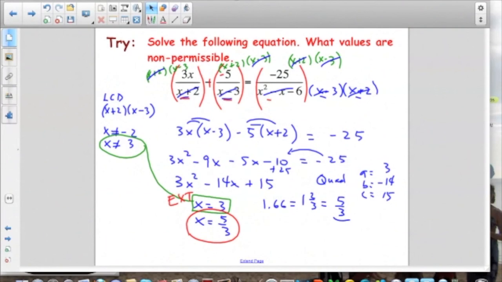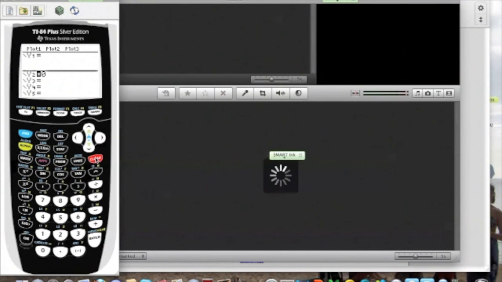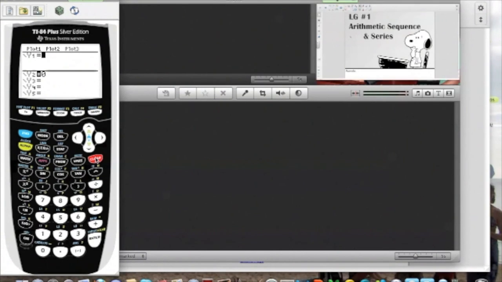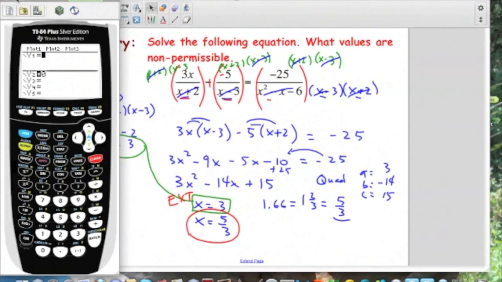Okay, let's go to our handy calculator and let's graph it to make sure it is. All right, so now let's go to our Y equals button. Let's clear what we had from before. It's good to keep your Y2 in there. So let's just clear that. All right. So now let's go to type in.